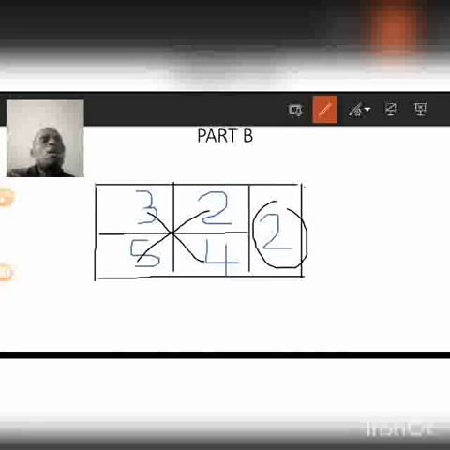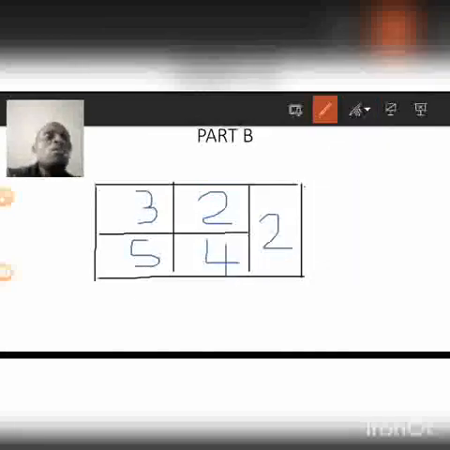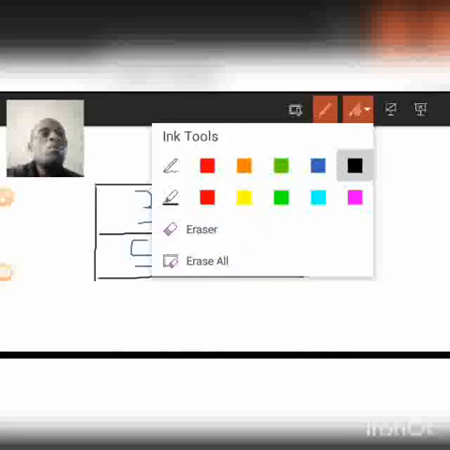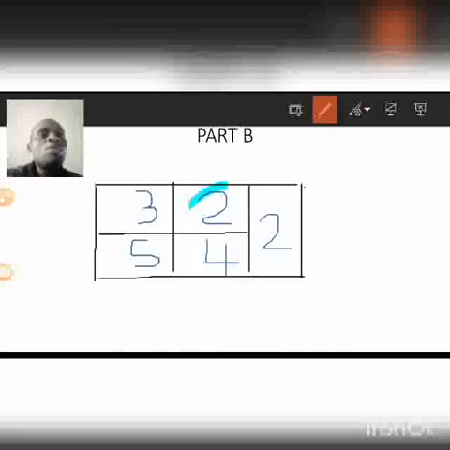Now let's look at how we can get other numbers in the first and second columns. To get a number in the second column, for example, to get the 2, let's say this position of 2 is empty.